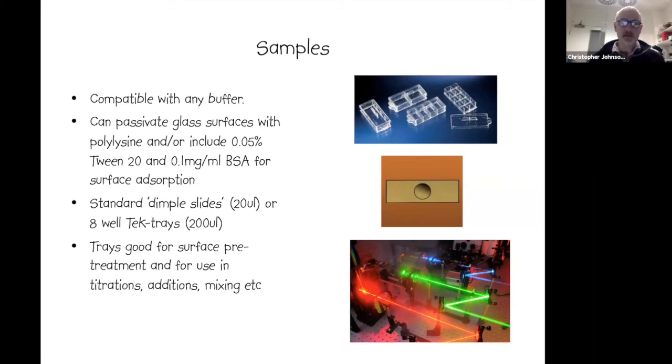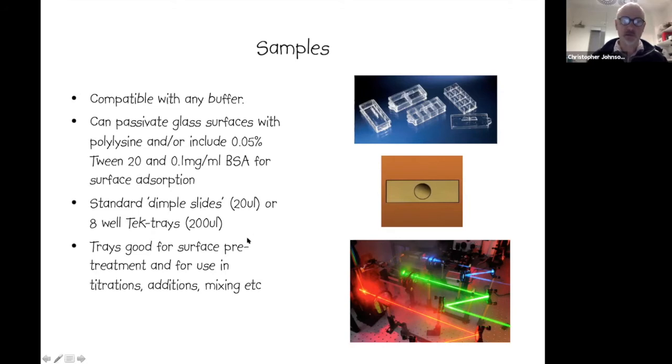We can also include other molecules that reduce non-specific surface adsorption, if that's a problem. We can use these dimpled slides, which take about 20 microliters to fill, or we can use the 8 position tech trays, which require about 200 microliters of our very dilute solution. The trays are particularly good because it's a relatively large volume.